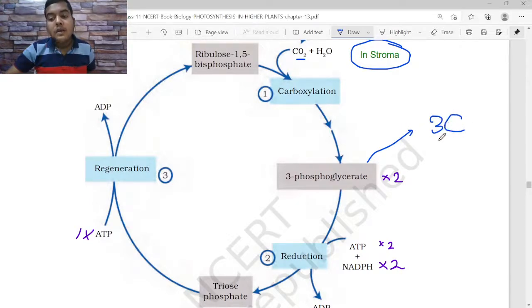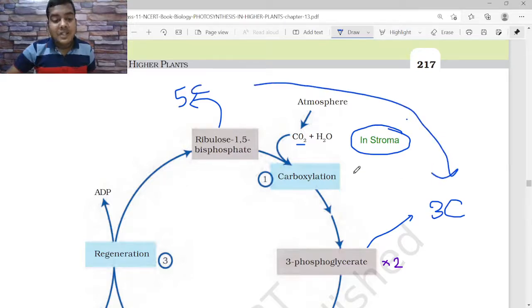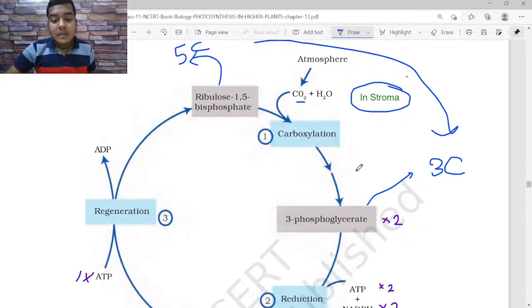PGA मॉलिक्यूल कंटेन 3 कार्बन एंड हमारा जो RuBP है that contains 5 कार्बन. So 5 कार्बन से हम 3 कार्बन पे आ जाते हैं. ठीक है, so this is the primary acceptor of CO2. Primary acceptor of CO2 is RuBP. Let me add the content also.